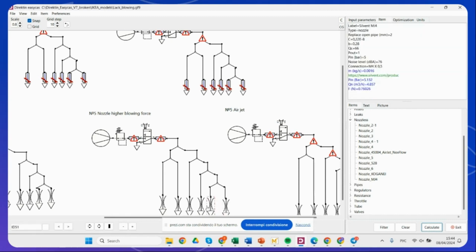So we put in the nozzles that we need, and then we check what the system will suggest. For example, in this case, it tells us that we need to change the diameter of the tube because it's too small. It has to be at least 6.2 internal diameter to avoid the pressure drop of 0.11 bar. The same also for this one.